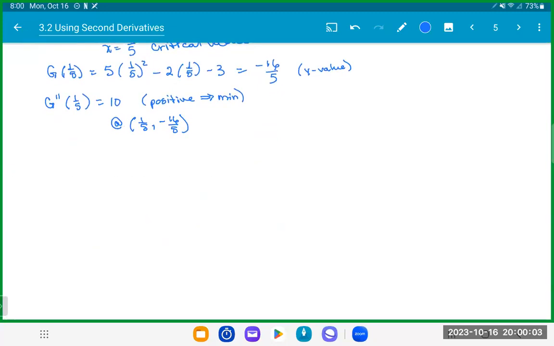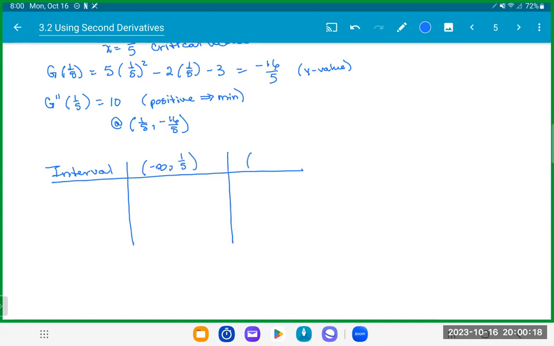So now let's do our interval table. Our intervals are negative infinity to 1/5 and 1/5 to positive infinity. Our test values are going to be x equal to 0, and we could do x equal to 1.